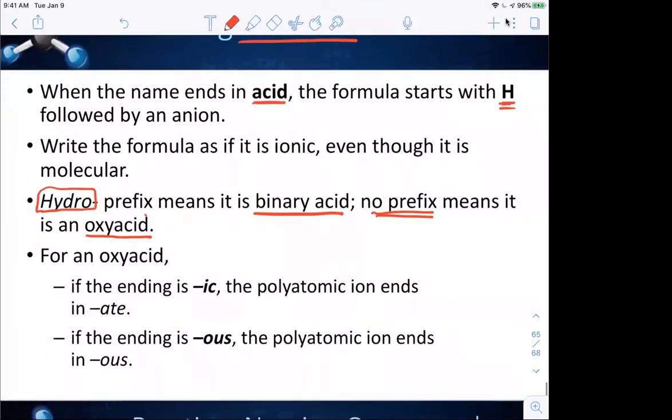If I'm an oxy acid and it's "ic," my polyatomic is going to end in "ate," right? It's going to come from an ion that ended in "ate." And if it's "ous," the polyatomic ion ended in "ite." So every hydrogen is H plus.